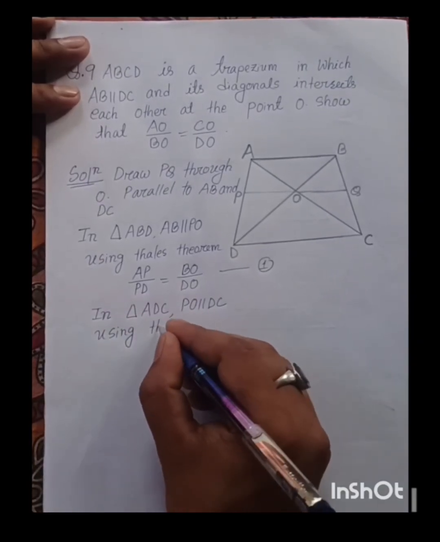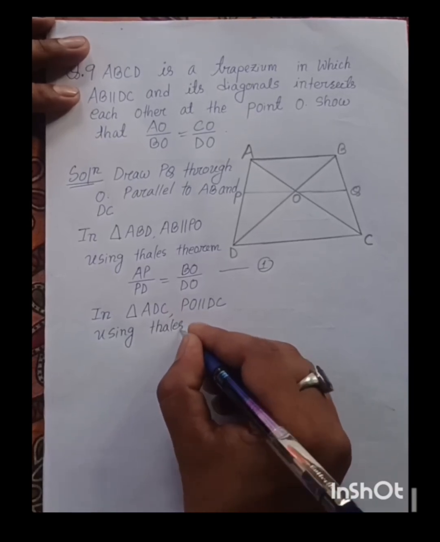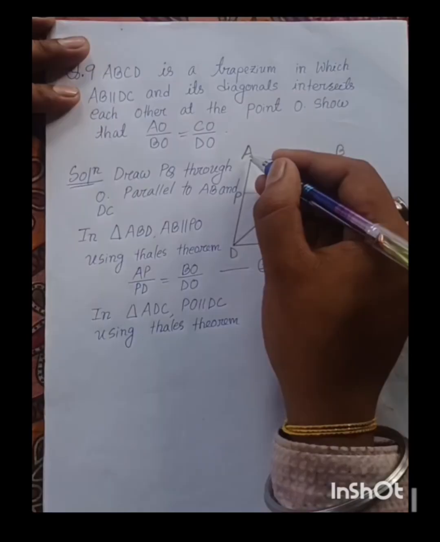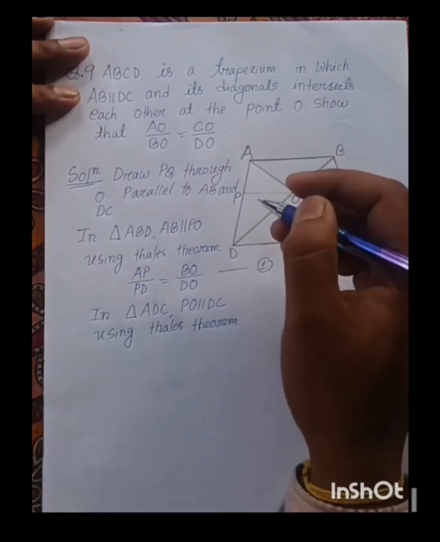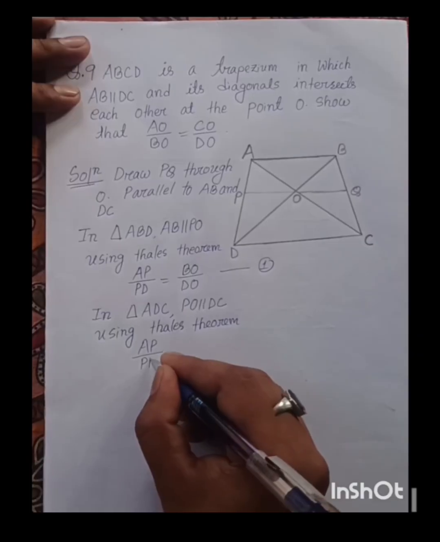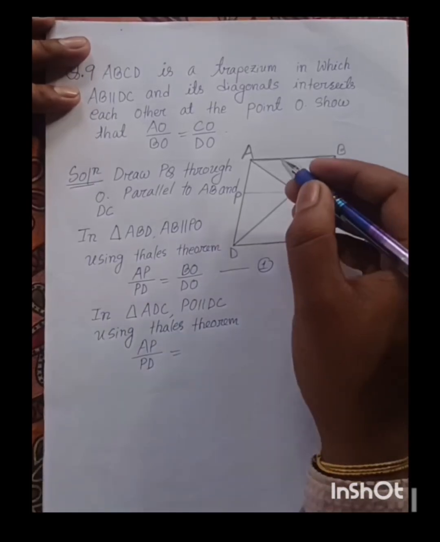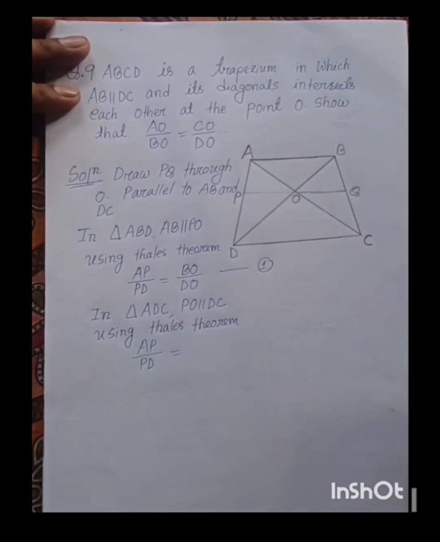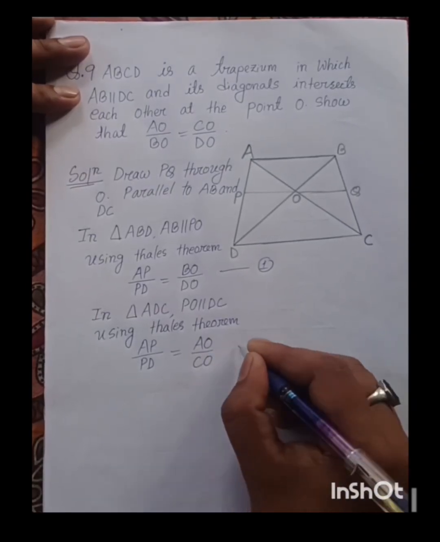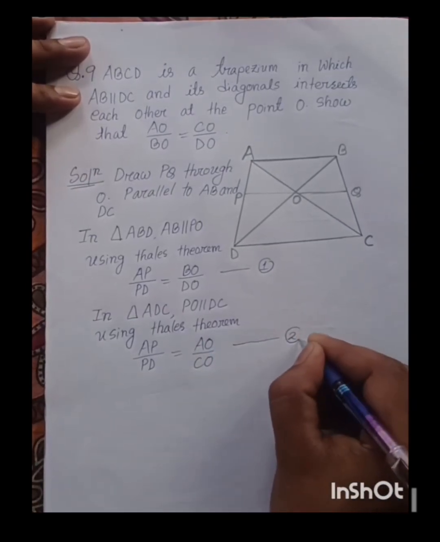So write using Thales theorem, AP by PD equal to AO by CO. Give this equation number 2.